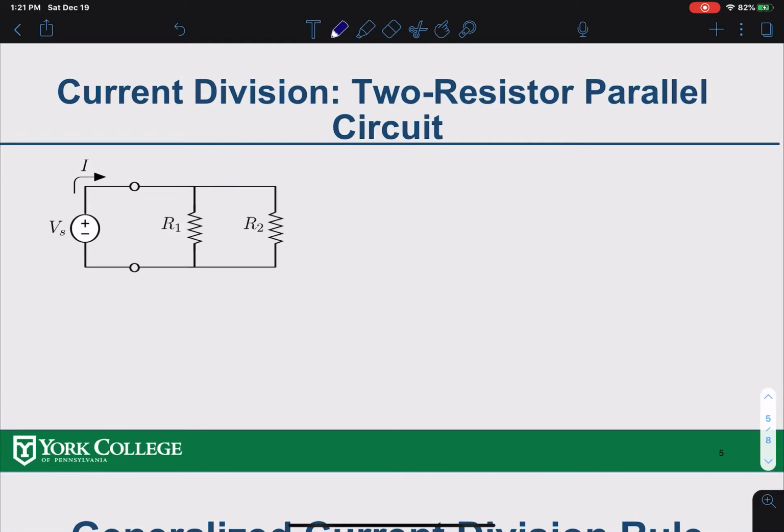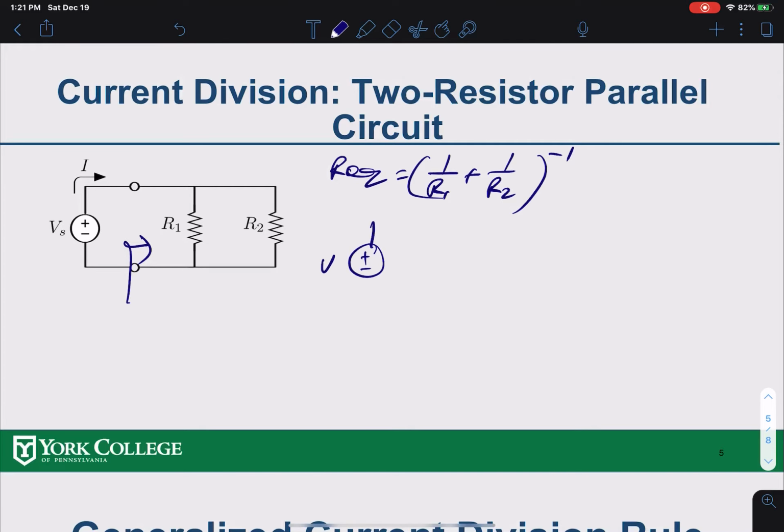Now, current division. Let's see here. If I do the equivalent resistance over here, R equivalent would be the inverse of 1 over R1 plus 1 over R2. Then this circuit becomes like this. That means you can replace both resistors with R equivalent.